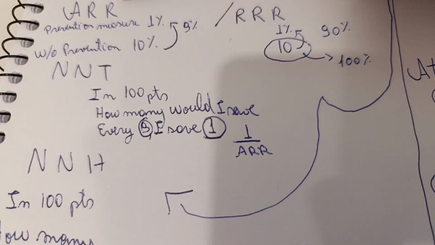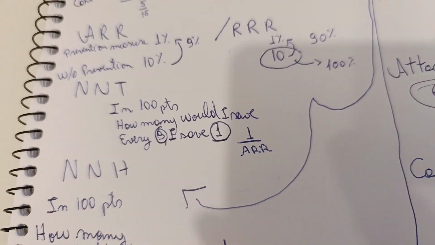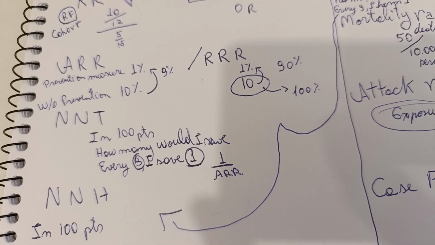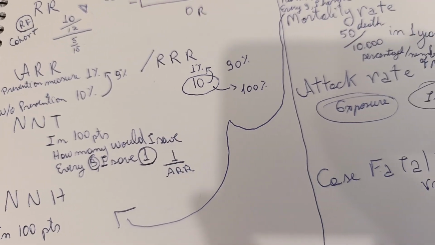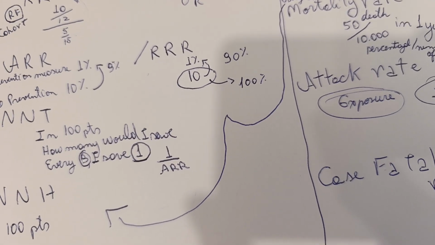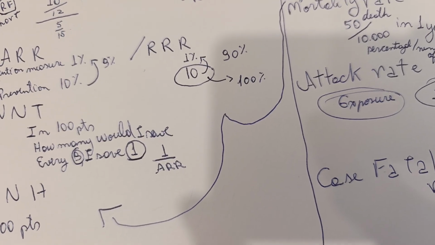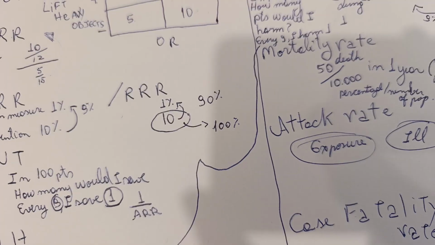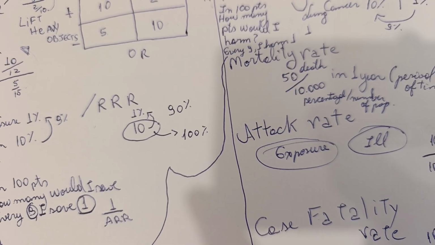For absolute risk reduction, when we talk about absolute values, it's important to know you don't have a relationship. It's just the absolute. So let's say if I have 10 people that have this problem, and all of a sudden now I have 8 people that have this problem. So 2 people don't have this problem anymore.